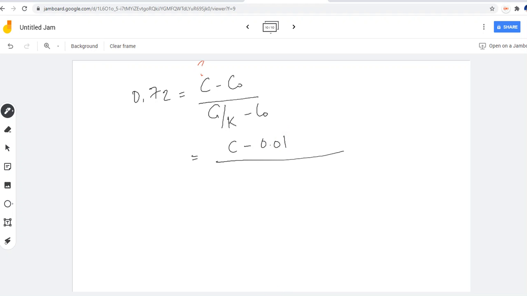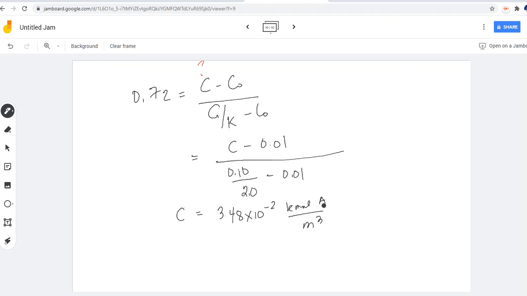Your C sub 1 is the concentration of the bulk liquid where your mass transfer is starting from, so 0.10, divided by the K, which is 2.0, minus again 0.01. In this case, you'll be getting a value for the concentration at the surface after 3 times 10 raised to 4 seconds, and that would be equal to 3.48 times 10 raised to negative 2 kilomole A per cubic meter.